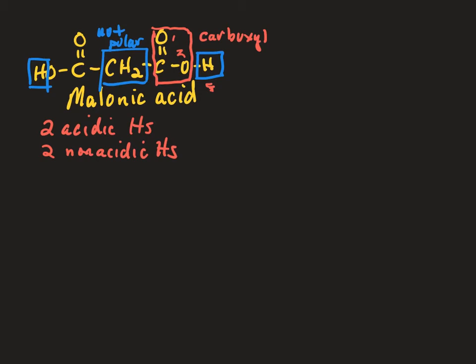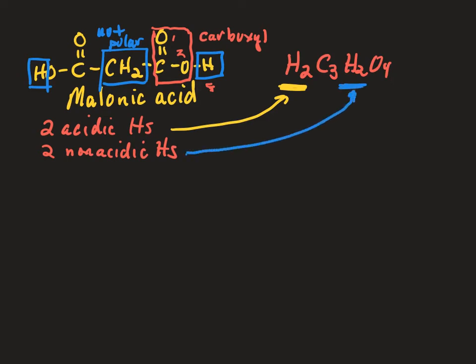And so we can draw the formula for malonic acid like we did with acetic acid, where our formula would be something like this: H2, let me get this right, C3H2O4, where the hydrogens in front are the acidic hydrogens, and the hydrogens in the middle of the formula are the non-acidic hydrogens, right?